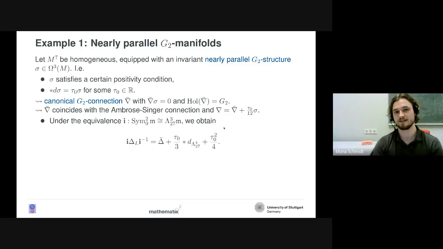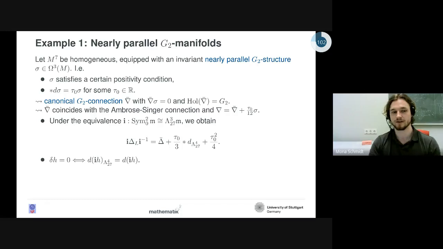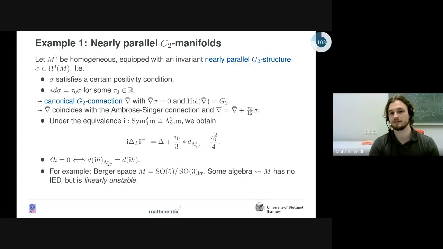We can also translate the condition of divergence freeness to a differential condition here, which simplifies it actually. And then we can do some more algebra and relate the eigenspaces of these operators to the eigenspaces of the Lichnerowicz Laplacian.